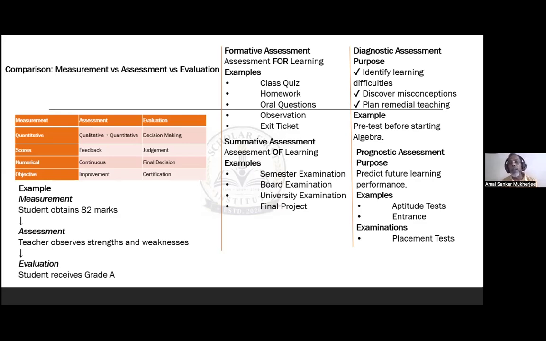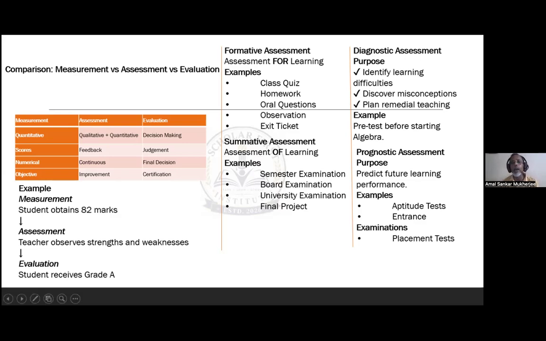Now, diagnostic assessment. This assessment is very useful for identifying the students' problems which are inherent in their process of learning, which may obstruct their continuous process of learning. That can be identified and purposefully solved through the diagnostic assessment. So what are the purposes of diagnostic assessment?